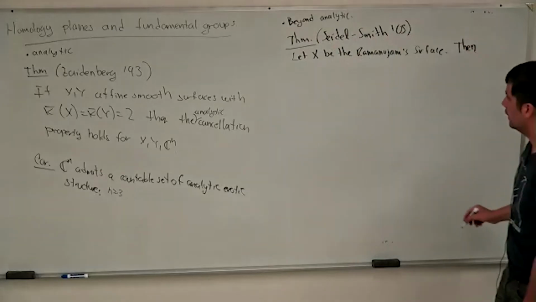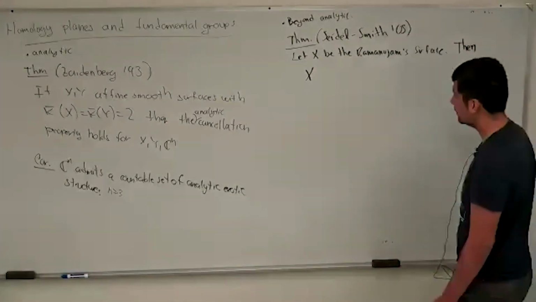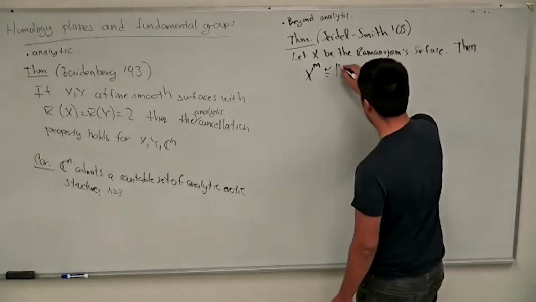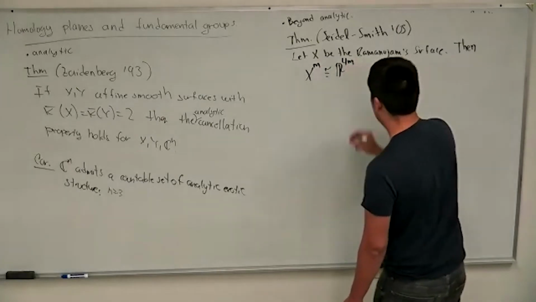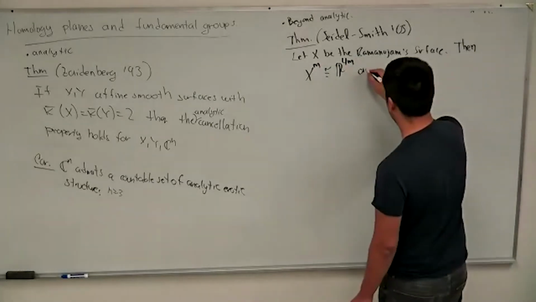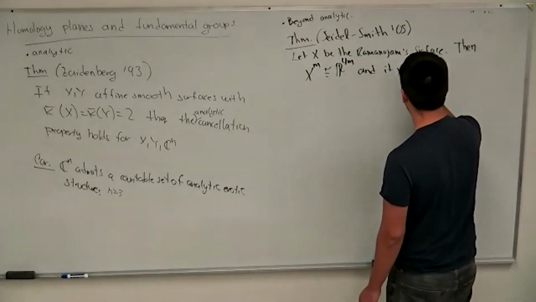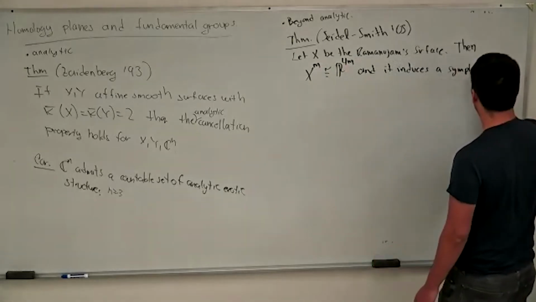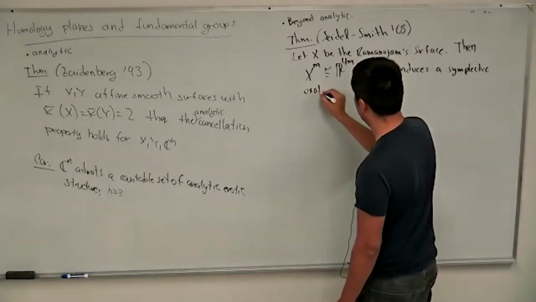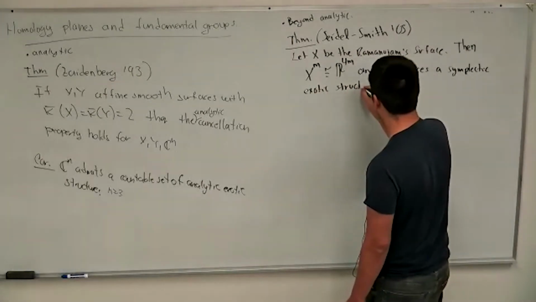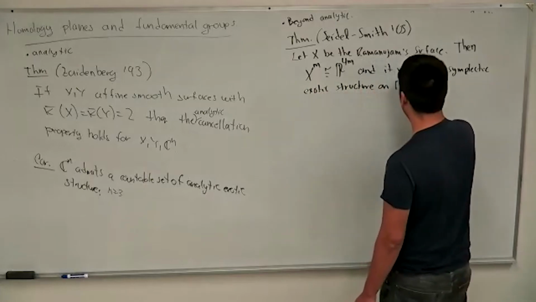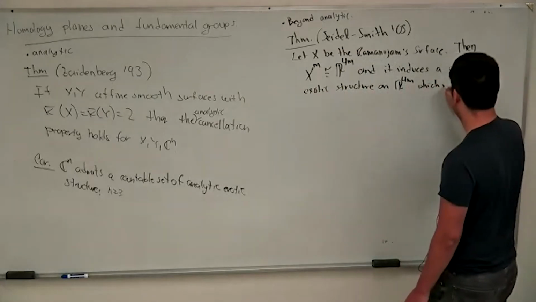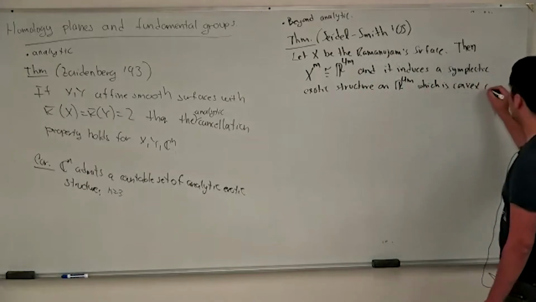They show that X to the power M is not isomorphic to R to the power 4M, and that it induces a symplectic exotic structure on R to the 4M, which is convex at infinity.